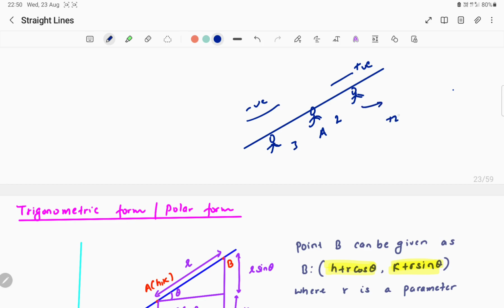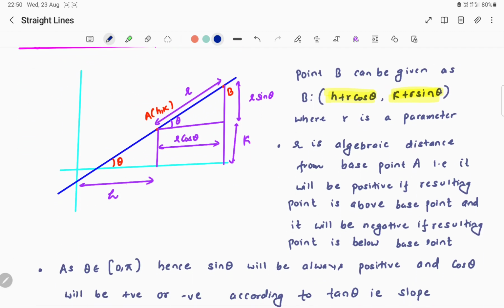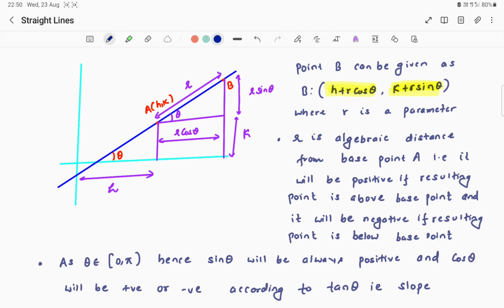You will say he is at plus 2, and this one is at minus 3. So for different r values, you will get different points. All these points on this straight line can be represented with the help of r.